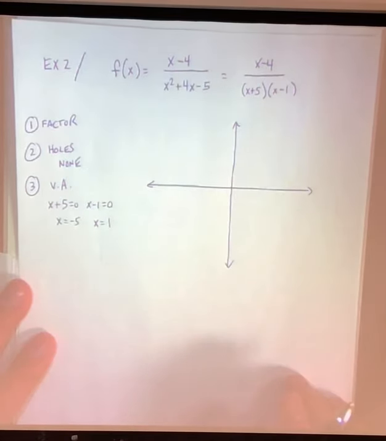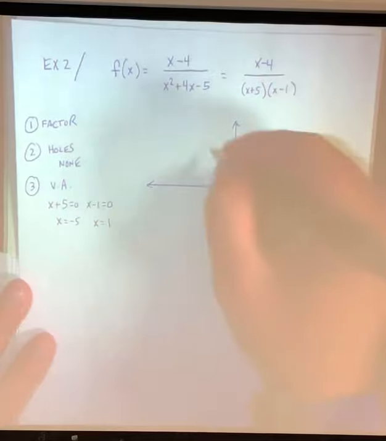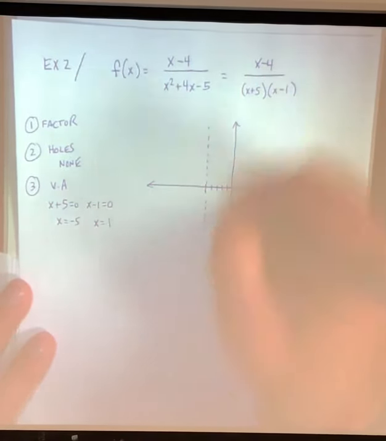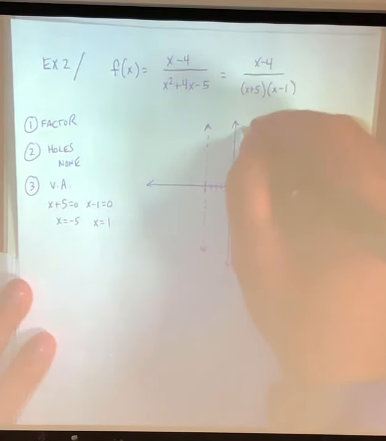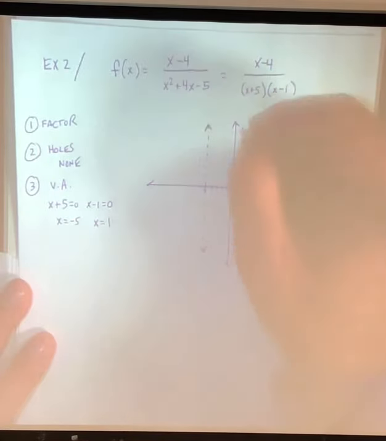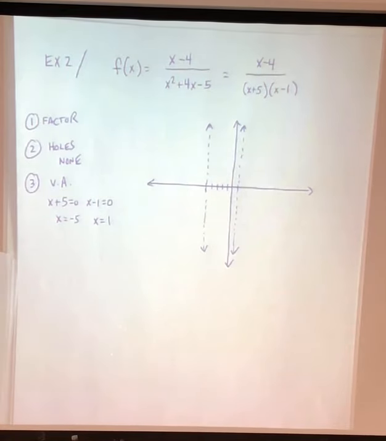If we sketch in our vertical asymptotes, there are our two vertical asymptotes on this one.